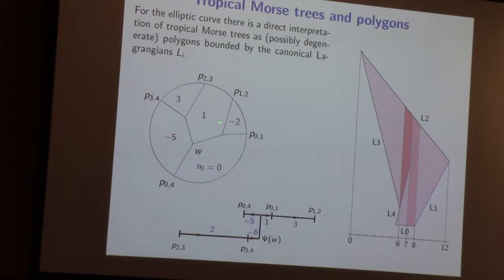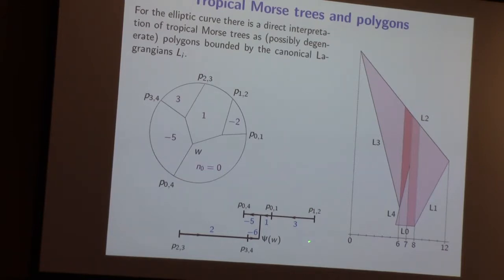And these purple things here are the L_i, the index i. So this boundary edge attaches to L1, this would attach to L3 and so on.